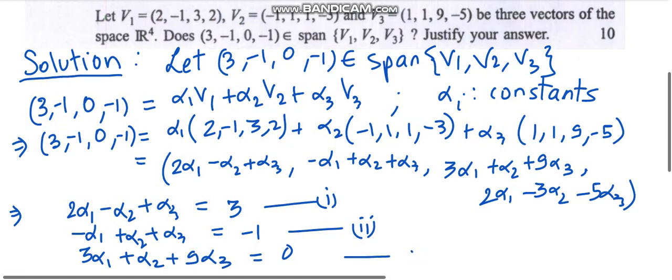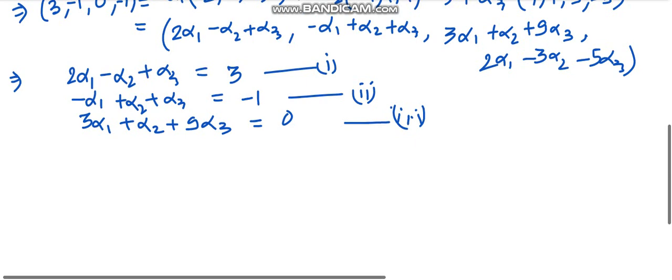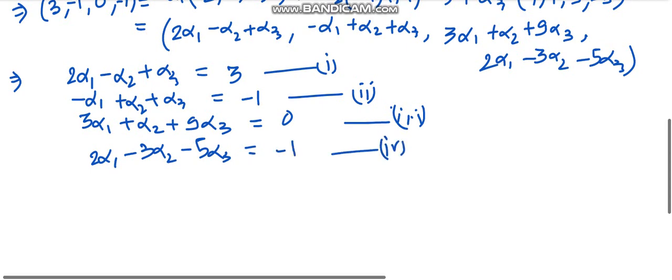Let's say this is equation 3. And the final equation is 2 alpha 1 minus 3 alpha 2 minus 5 alpha 3 equals minus 1. This is equation 4. Now for the vector (3, -1, 0, -1) to be in the span of v1, v2, v3, these 4 equations should be consistent.